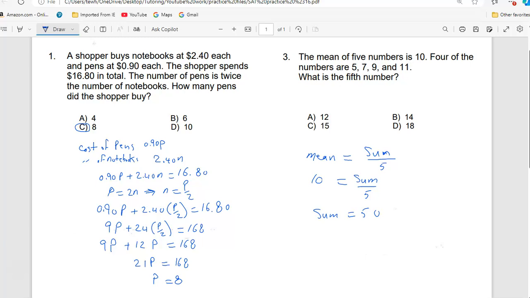We already know 4 of them. We have 5, 7, 9, and 11, and we don't know the 5th number, and the sum equals 50.